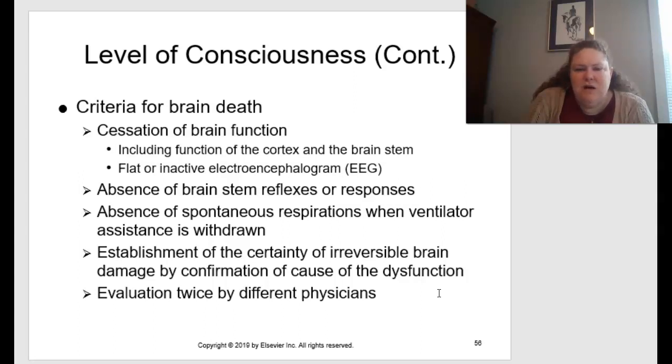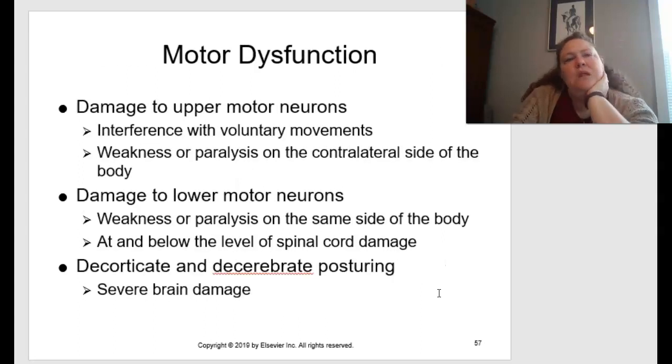Establishment of the certainty of irreversible brain damage by confirmation of the cause of the dysfunction. And you have to be evaluated twice by different physicians so that there's no bias. They really want to make sure that you are brain dead before they terminate life.